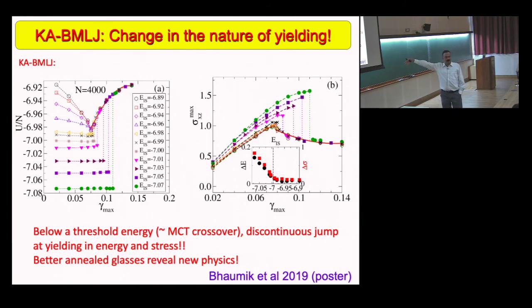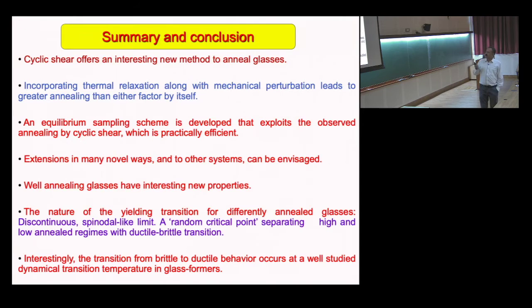Now I'm going back to athermal shear, and what one finds is that as a function of the annealing of the glasses, there's a dramatic change in behavior from ductile to brittle behavior, and more interestingly, that the transition seems to happen at an energy that's associated with the mode coupling crossover in the system. More details in the poster of Himanshu, and I stop.